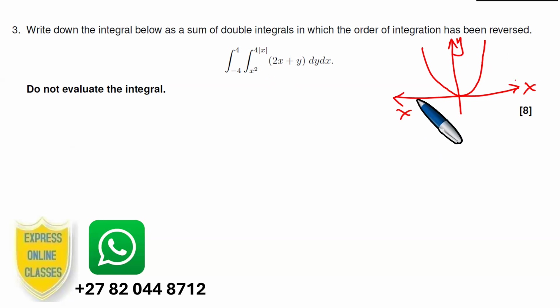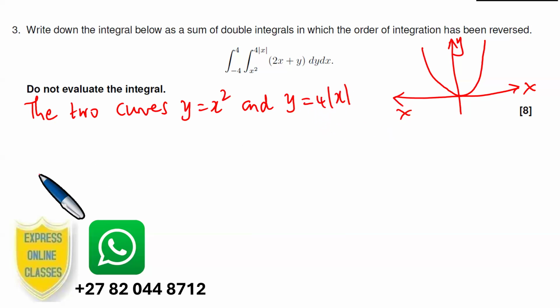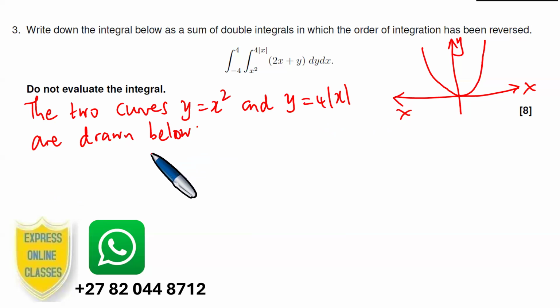Now this one is the graph of, for example, the two curves y equals x squared and y equals 4 times the modulus of x, which are drawn below. Let us draw them here.